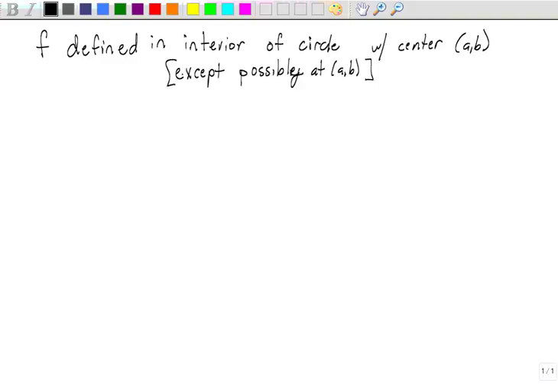So it's defined in the interior, but maybe not at the center.